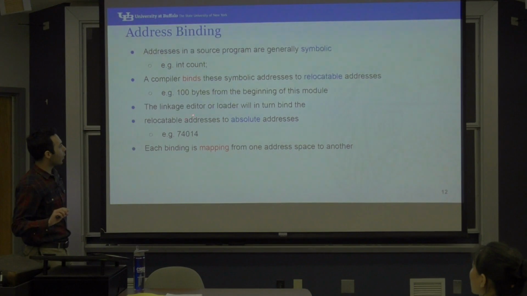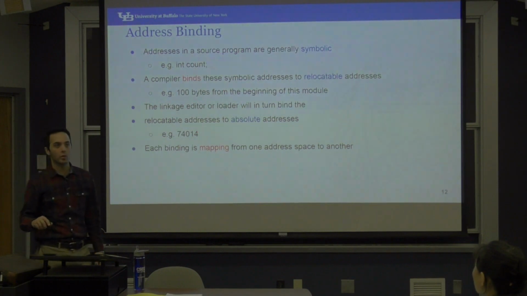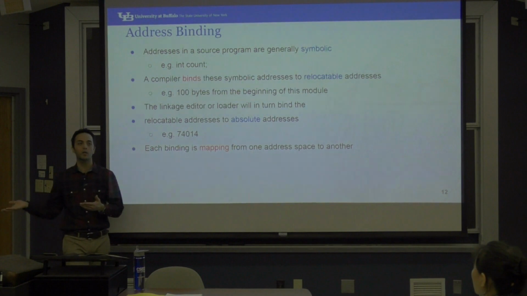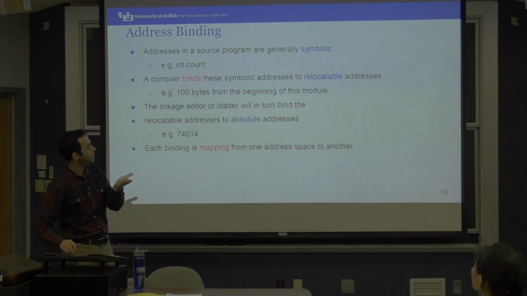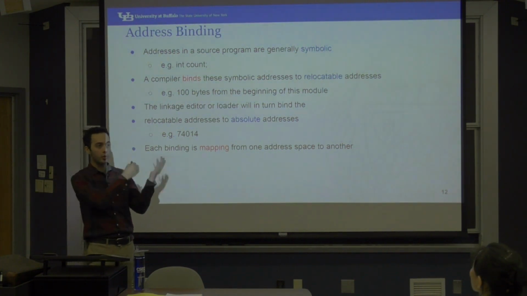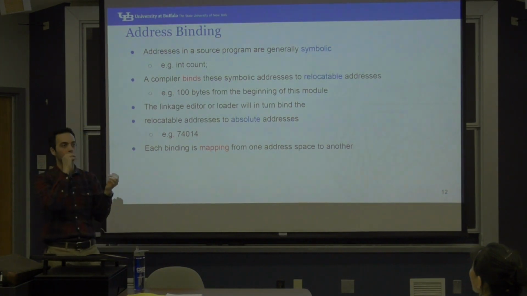So, and then the loader binds those relocatable addresses to absolute addresses. So when the program now wants to load, it realizes, okay, I want to load it at address 1,000, so this will be at 1,100. Next time, if you load the same program at address 2,000, then this will be bound to 2,100.